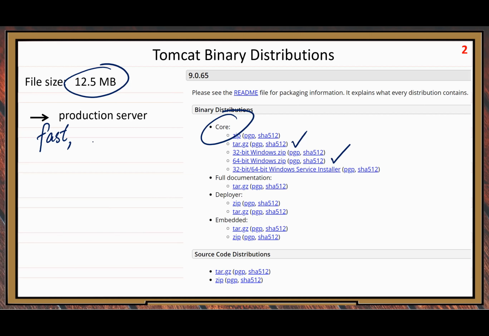Second, it should be robust, very solid. And the third, secure. It's also very important. And the current Tomcat version has all these three properties.